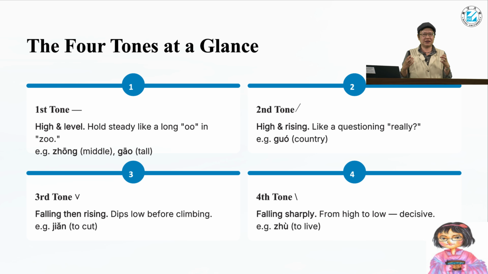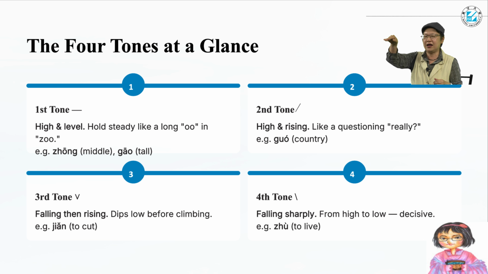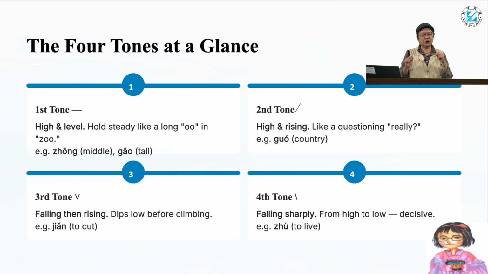Let's try the sound ba, and use the first tone that is ba. Okay? Try to keep it flat and try to think the sound is going high and still.